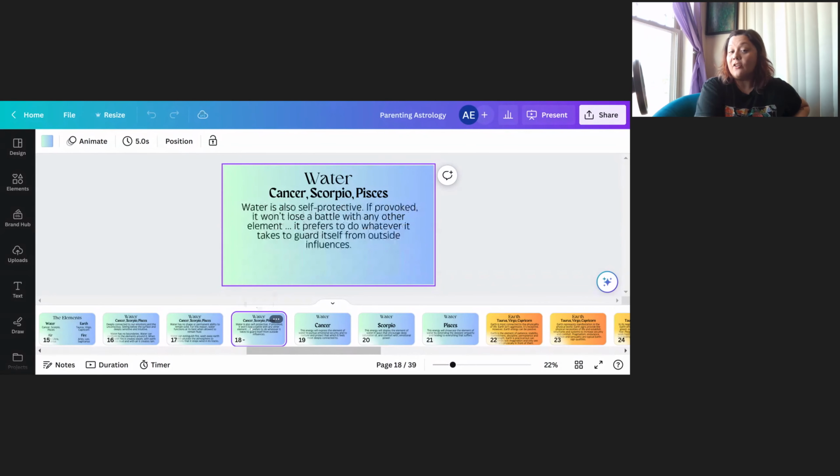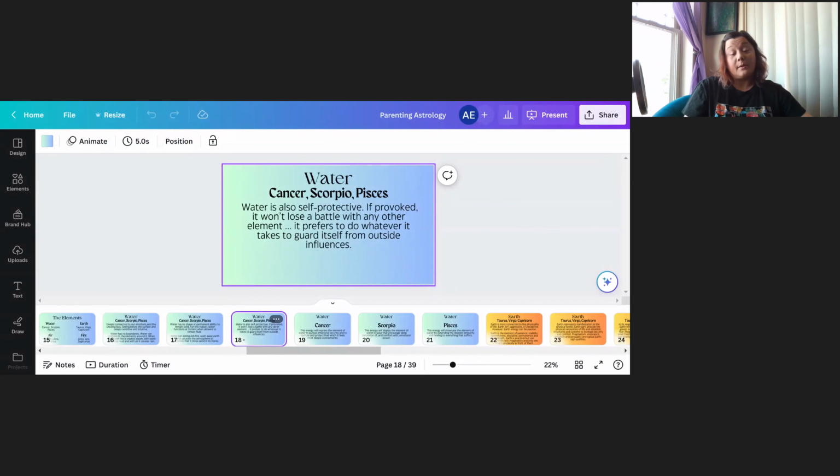Now, water is self-protective. If provoked, it won't lose a battle with any other element. It prefers to do whatever it takes to guard itself from outside influences. This is very useful, especially if we're looking at our moon, sun, and rising, and Mercury, because that's communication.